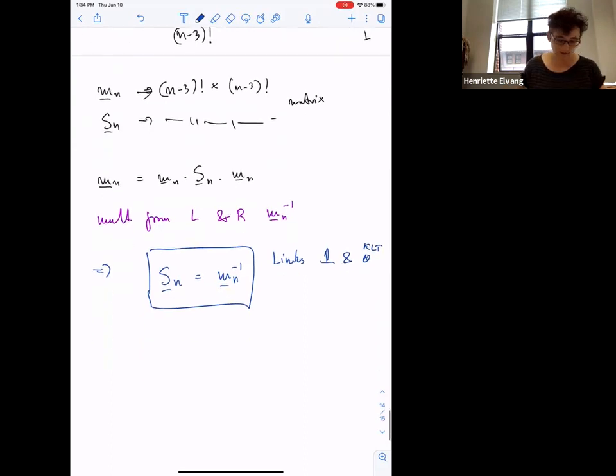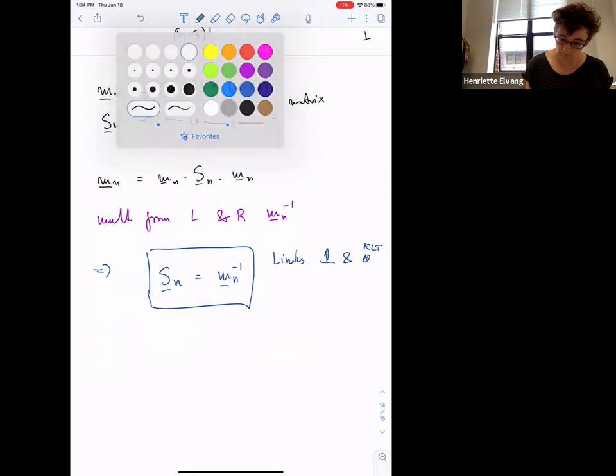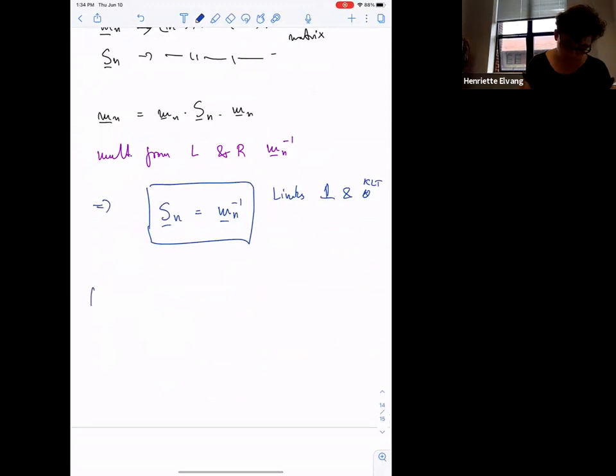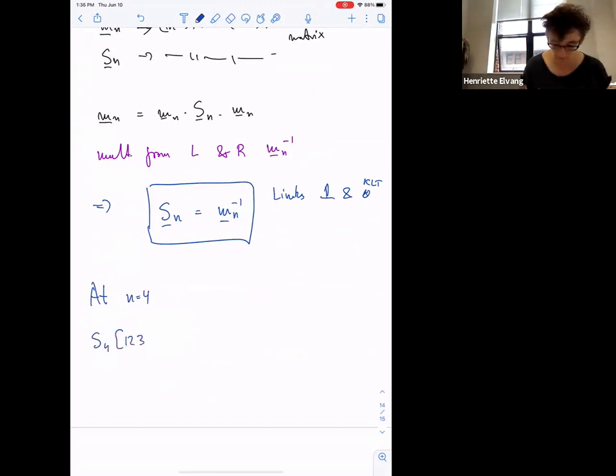So let's just see how this works. Give me some good color here. Let's make it blue. So at 4 point, what would I get? S4, 1, 2, 3, 4, 1, 2, 4, 3. n minus 3 factorial at n equals 4 is just 1, as we know.